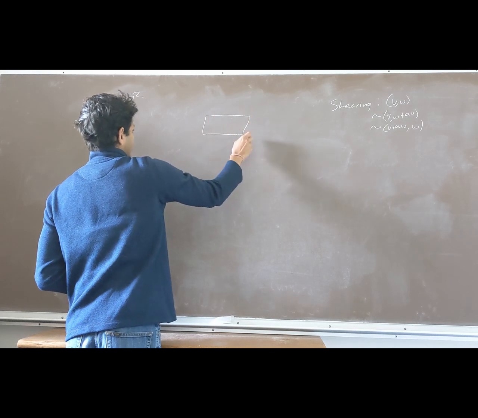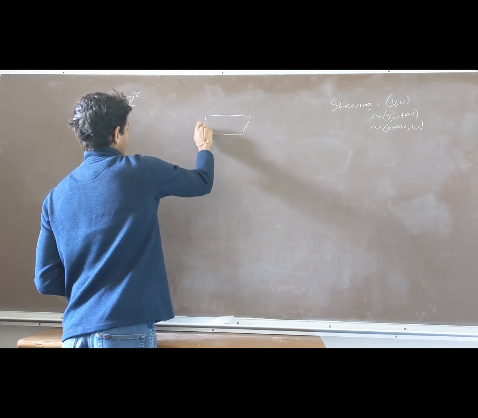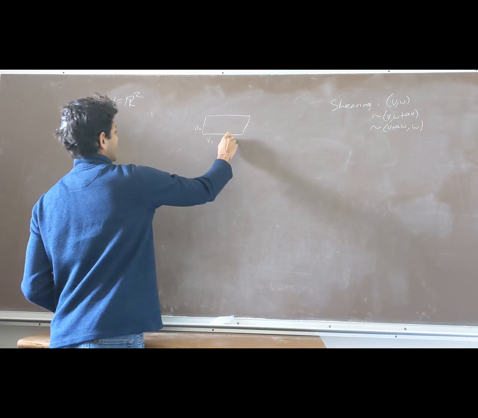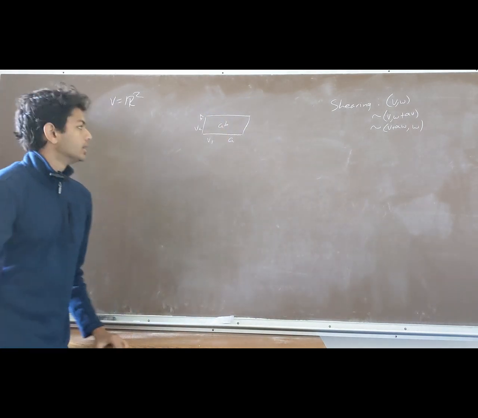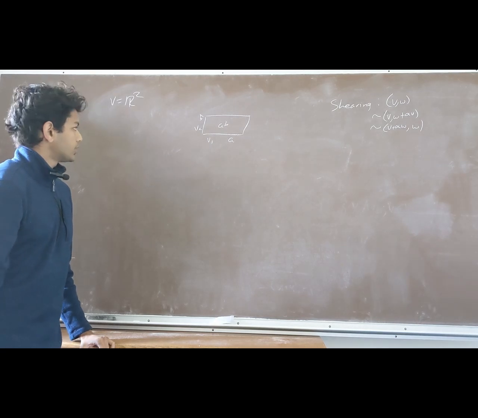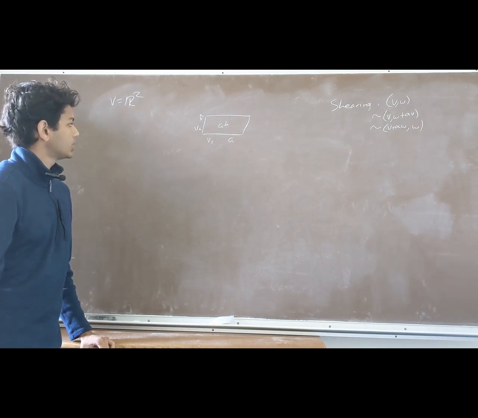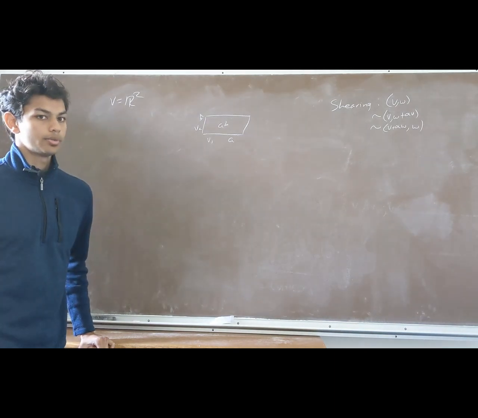And so now if our rectangle, spanned by say v1 and v2 again, has side lengths a and b, then we know that the area of this will be ab. However, we can do further reductions in order to get down to something even more fundamental.